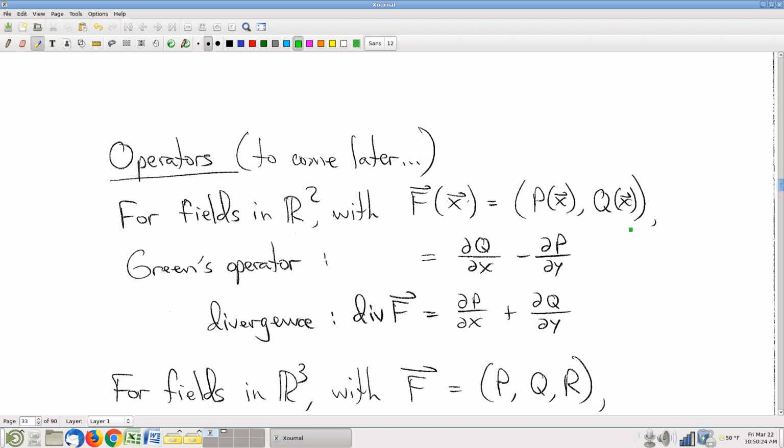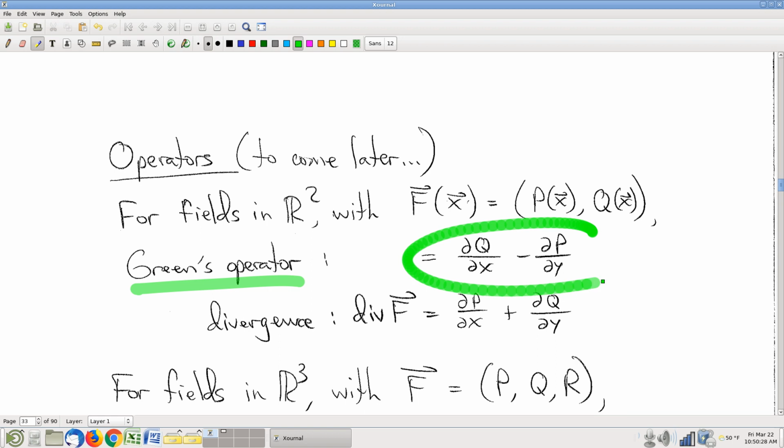And with that having been set, here is this thing called Green's operator. It's dQ/dx minus dP/dy. Those are, of course, partial derivatives. That's a formula. And it is extremely natural, geometrically. There's a nice point of view on this, physically. And I'm not going to tell you what those are right now, because I would have to do so completely out of context, without any justification.